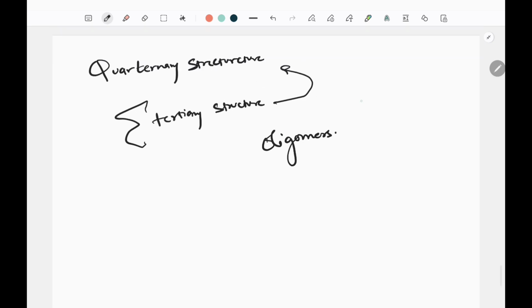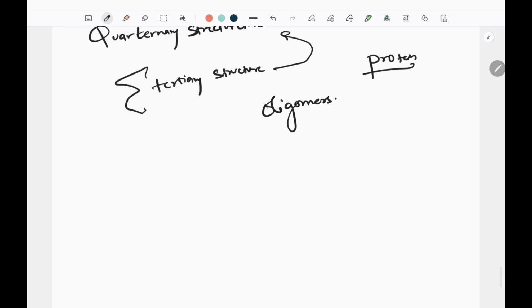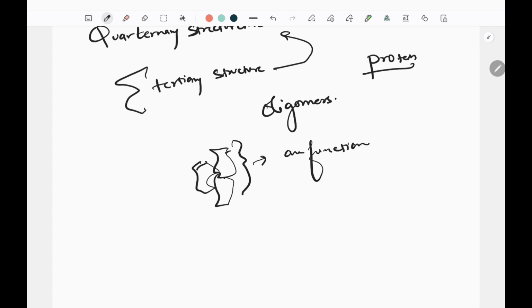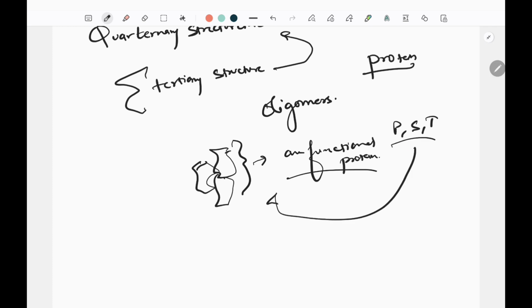Or sometimes one single protein is also made up of a quaternary structure. So here, one protein like this, another protein like this, and another protein like this create one functional protein. So it includes all the elements from primary, secondary, and tertiary structure to form this quaternary structure.